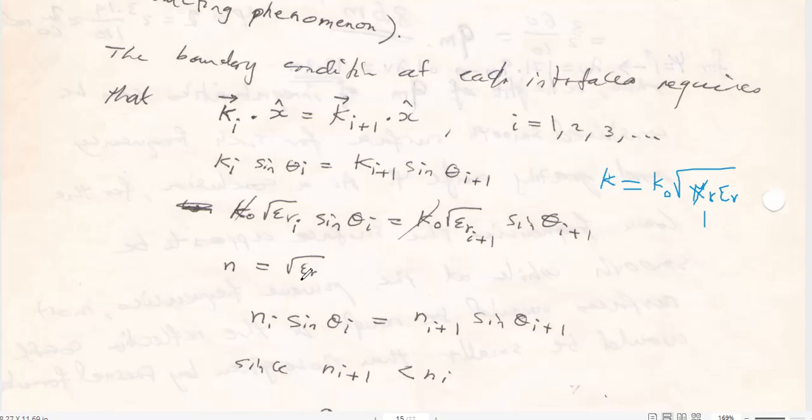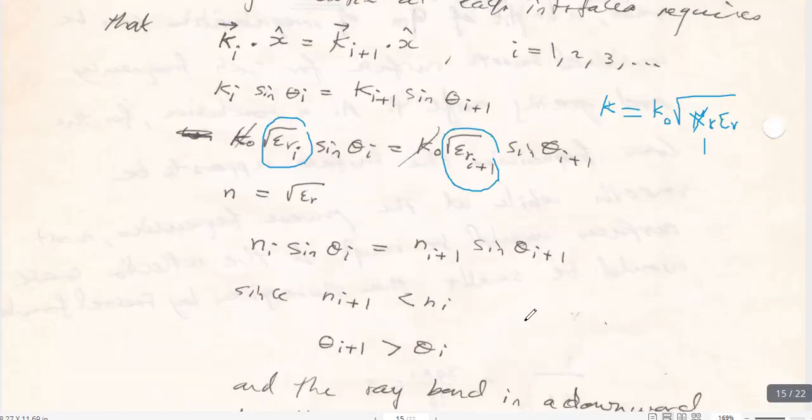This is the definition of the refraction index. It is the root of the relative permittivity of the medium. Here, the square root of epsilon r_i is n_i, and the square root of epsilon r_i+1 is n_i+1, and here we have sine theta i, and here sine theta i+1.